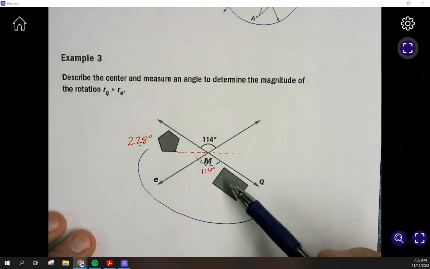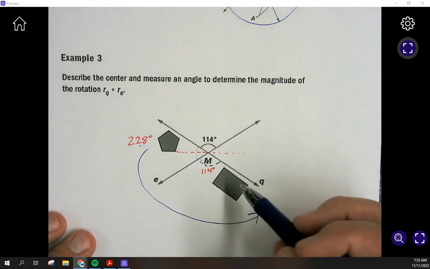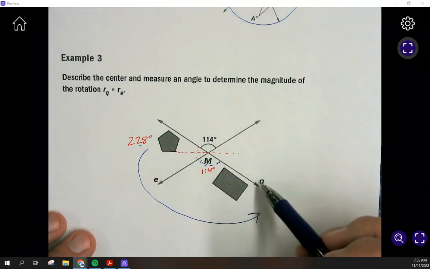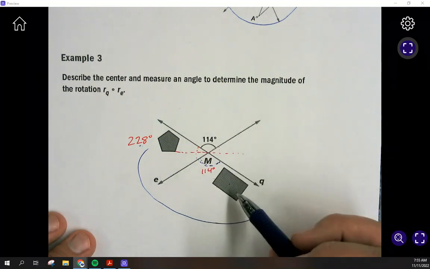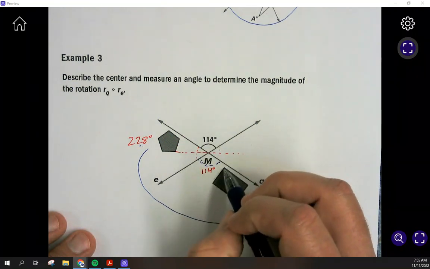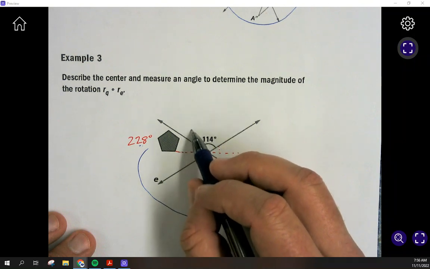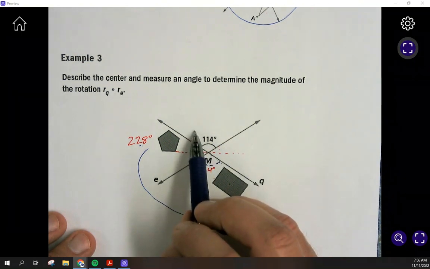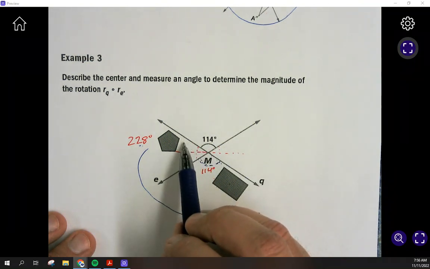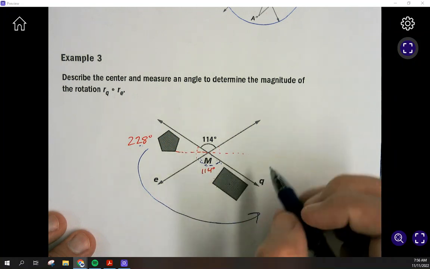But this one now, if we're going over E this way, and then over Q, now if I took this right through M, I'm actually going to end up over here. This one's going to end up over here somewhere, and then when I flip it over Q, it's going to go to here. So that's going to be less than 180 degrees if you think about it.